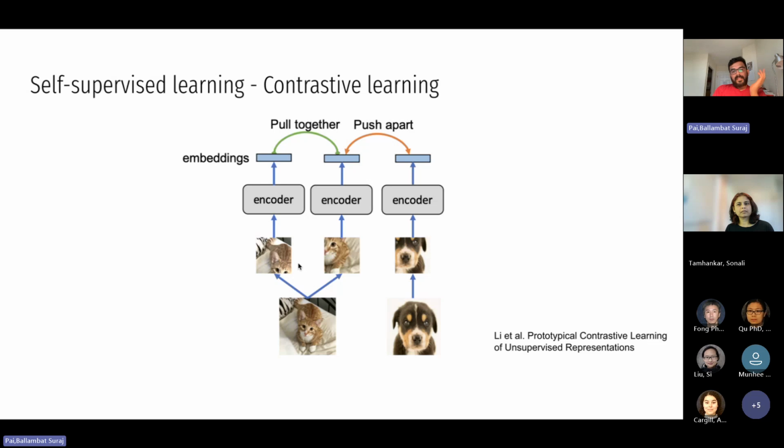So then you understand what makes an instance and what makes it different from another instance. And the nice thing about doing this is it's all self-supervised or unsupervised, so you don't need any labels here. You just need a set of instances, and then you understand how to learn relationships within an instance and between instances.